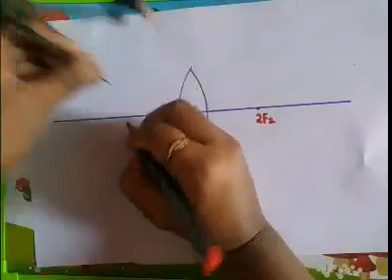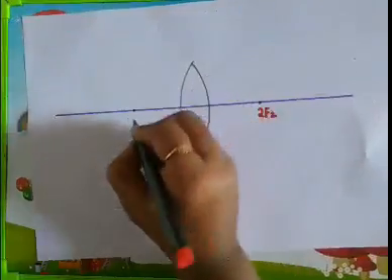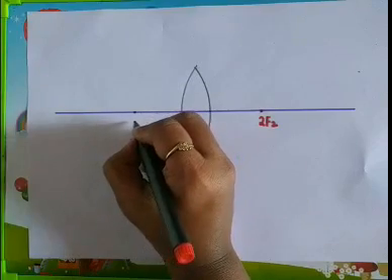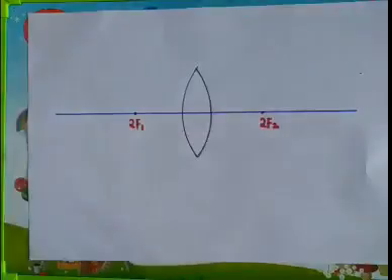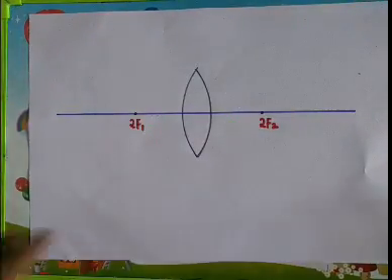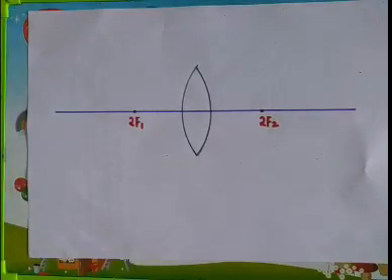Note down this point too. This is again a center of curvature, which would be denoted by 2F1. And here is your convex lens. This is your convex lens.